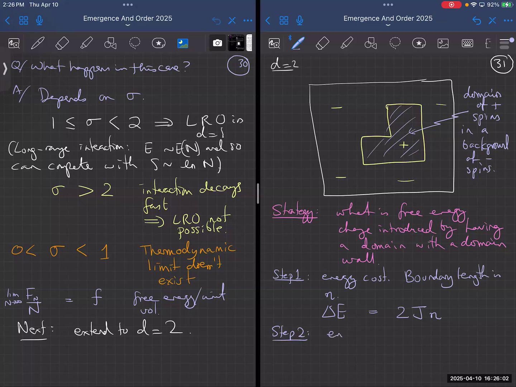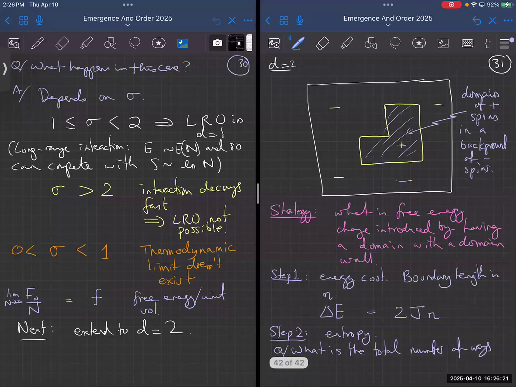Okay, step 2. Let's compute the entropy. So now we have to ask the question, what is the total number of ways to draw the boundary?